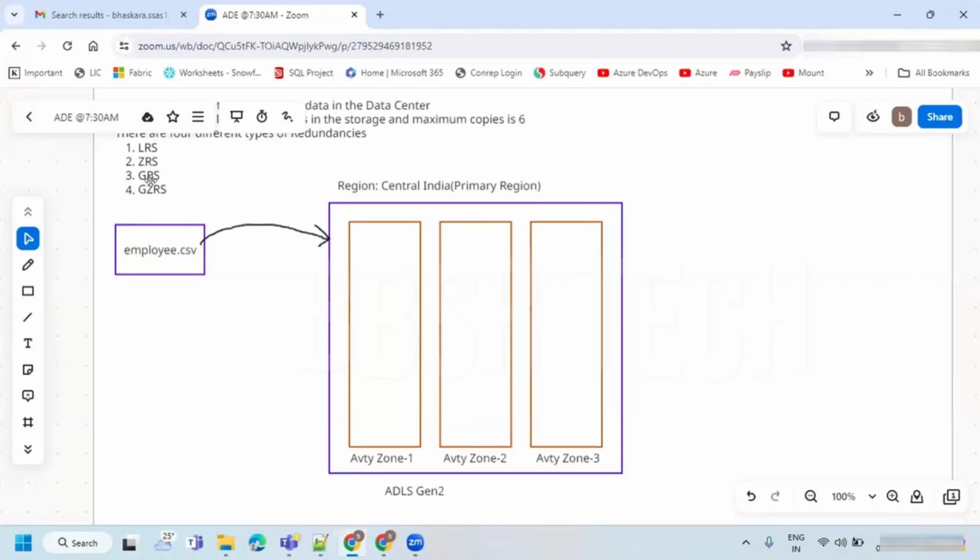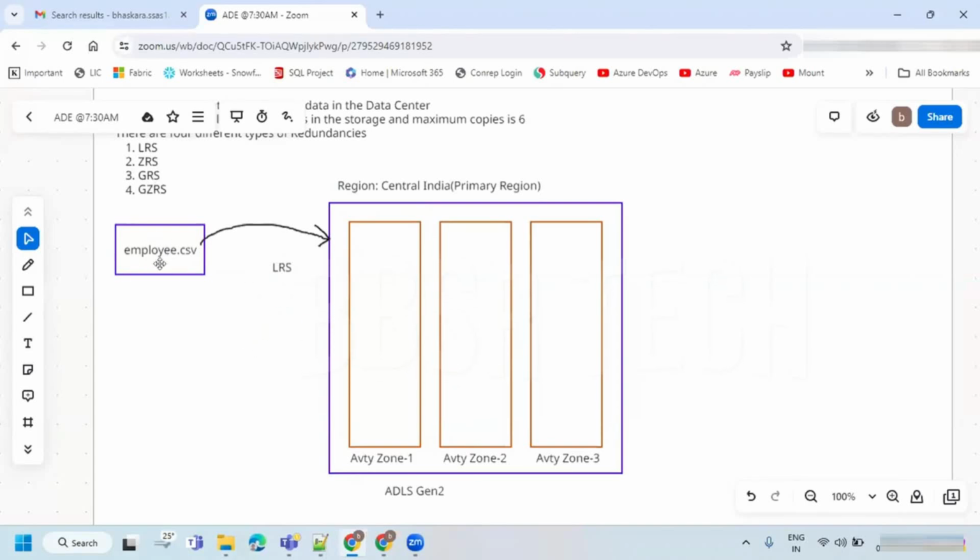They have some restrictions, so governance, they have it. If they want to store the data within their region, and not only this, even government projects, the data will be stored within their region. They don't store it out of the region. That will be the policy. If we have that kind of requirement, if you want to store the data in LRS, then how exactly we are going to handle that, we are going to see.